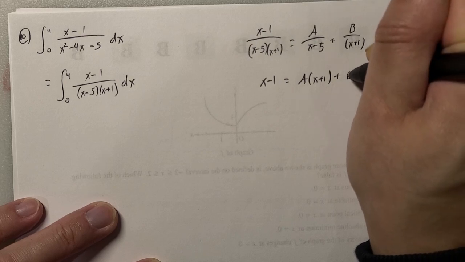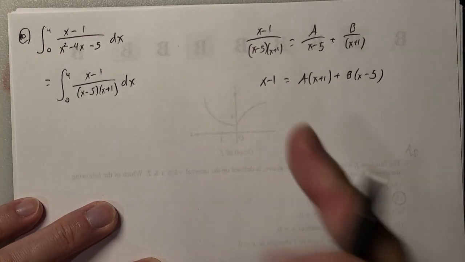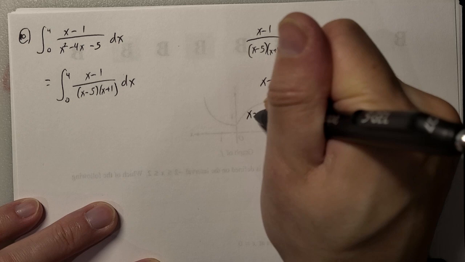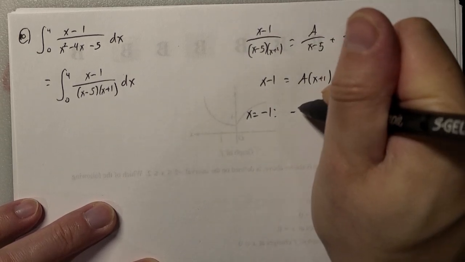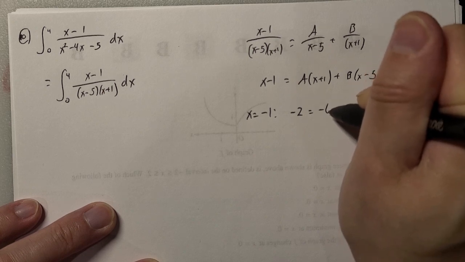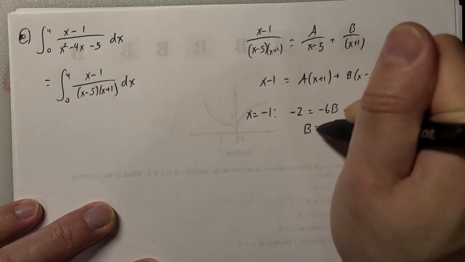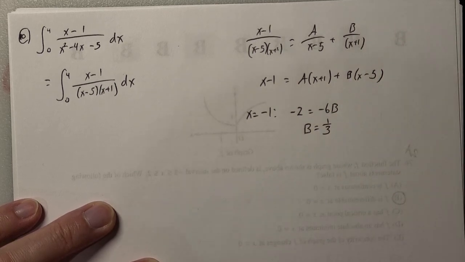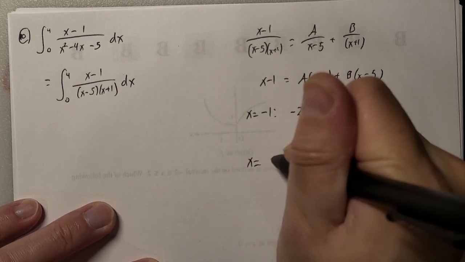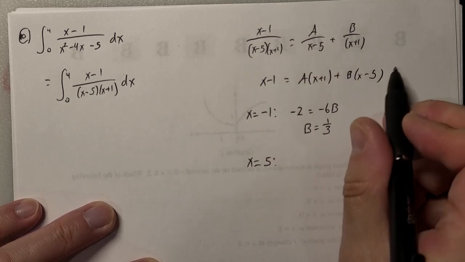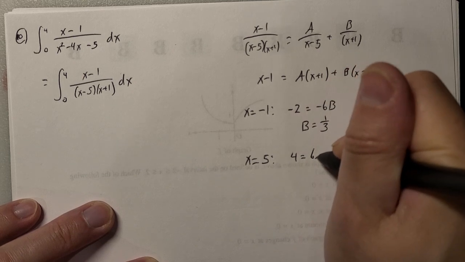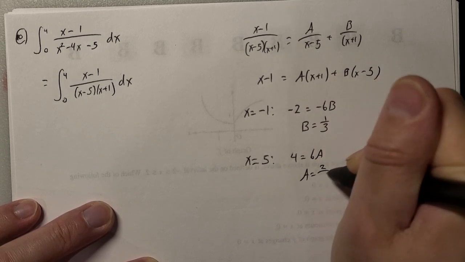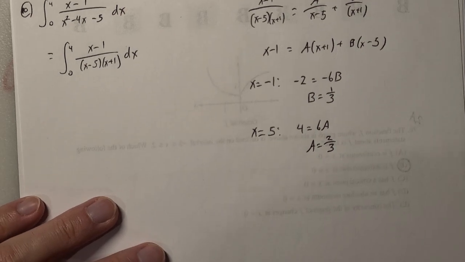Here, I like to use the technique where we just plug in easy numbers, because there are only linear factors. Like x is -1, because this would go away, we get -2 is -6B, so B is a third. We plug in x is 5. This would go away. We get 4 is equal to 6A, so A is 2/3.